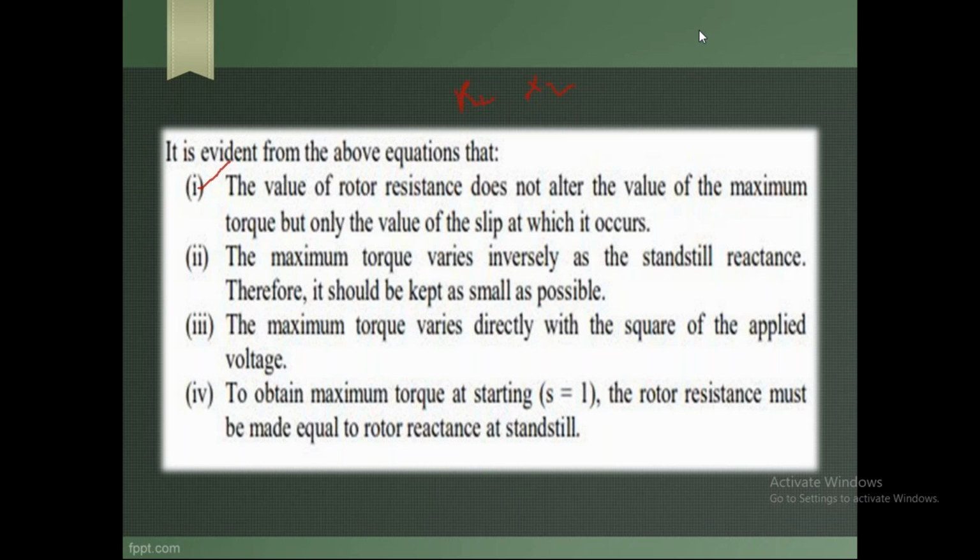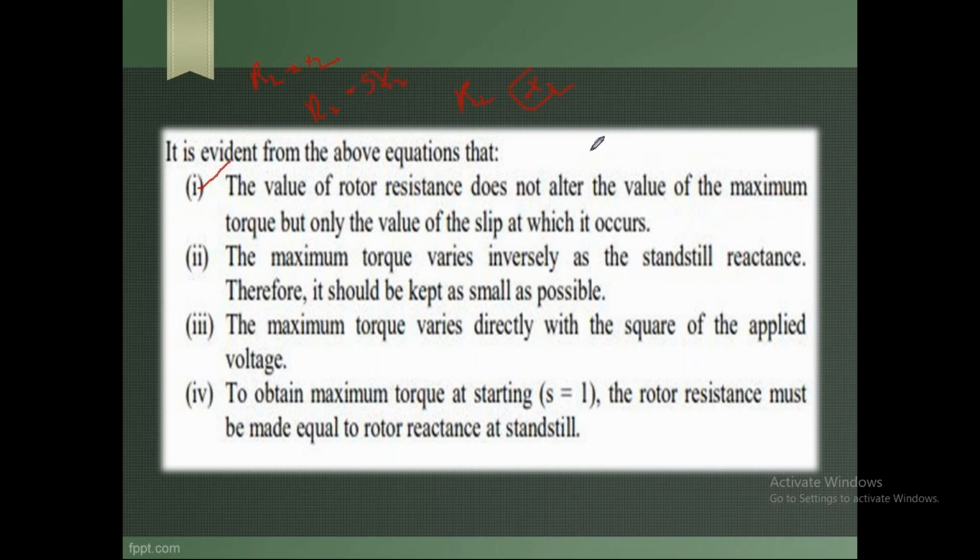R2 is never changed. The only parameter is X2. At starting condition R2 equals X2, and at running condition R2 equals SX2. So here the reactance is influenced by the slip.